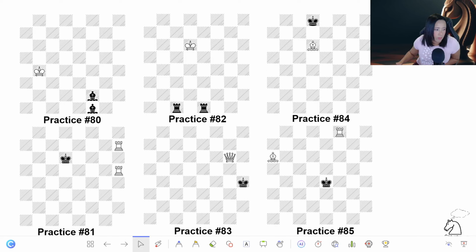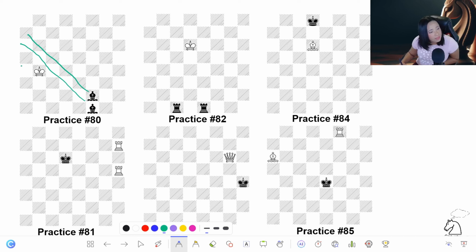Ready? Okay. Now, let's see. We're going to check what the other pieces are attacking before we think about where the king could move, okay? So these two bishops here, this one is attacking on this diagonal, and this is attacking on this diagonal, right?